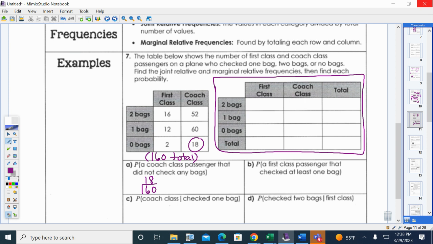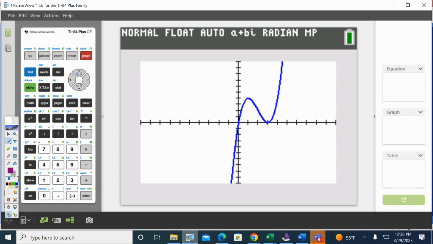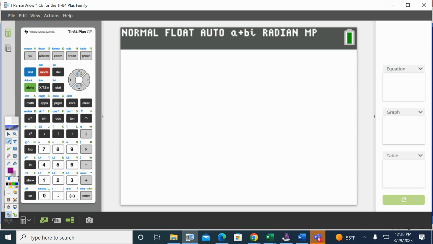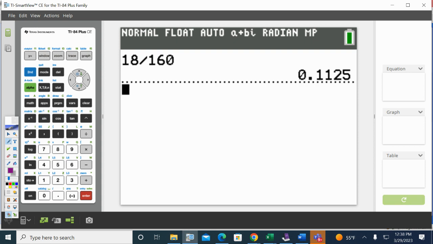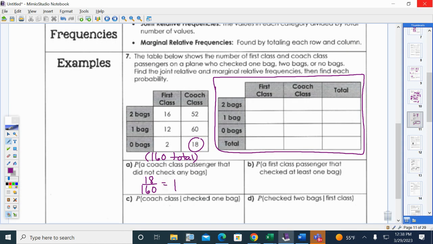I can still find the probability, 18 out of 160, and then change that to a percent. So take your 18 and divide by the 160. There it is as a decimal. To change a decimal to a percent, you're either going to move your decimal 2 places to the right or multiply by 100. And it gives us 11.25%.